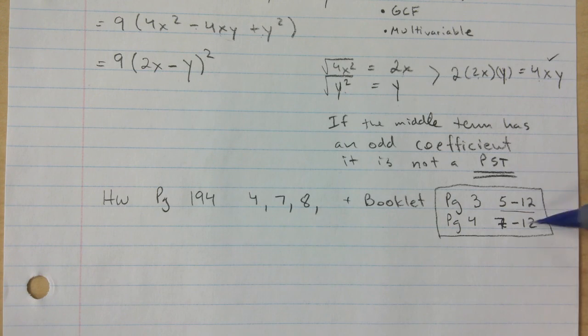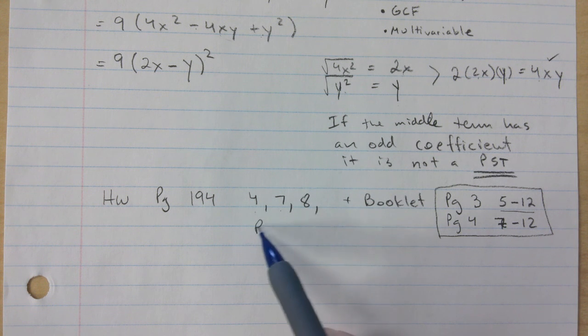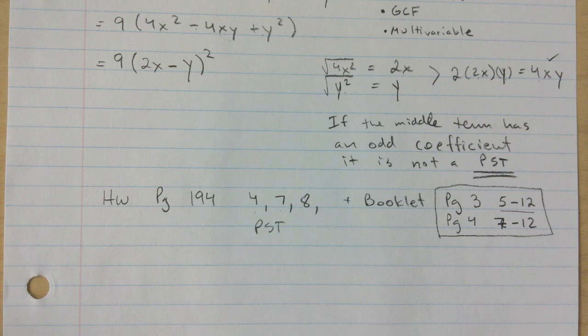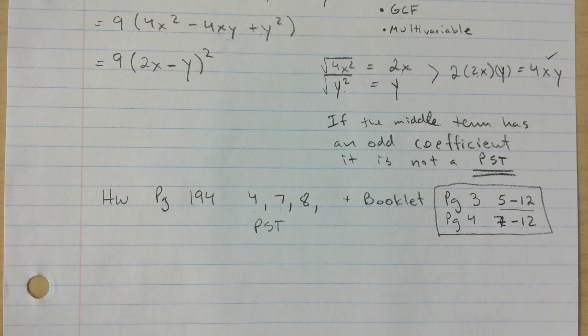It's going to take you back to factoring as we have been, and these are the PST questions. Question 478 is PST. So you practice what we've done today, but I still want you to continue doing what you're doing.